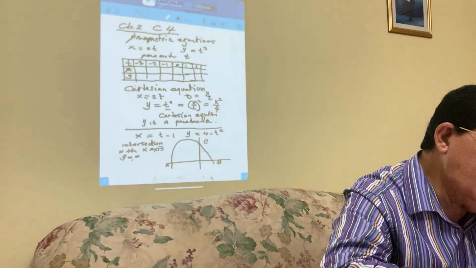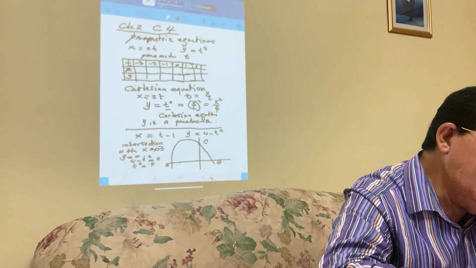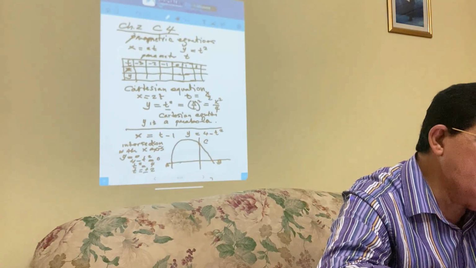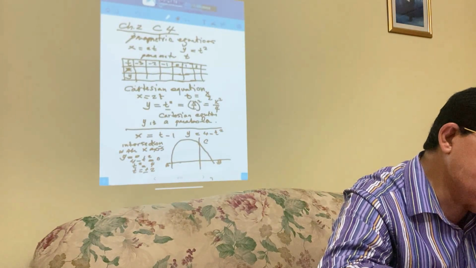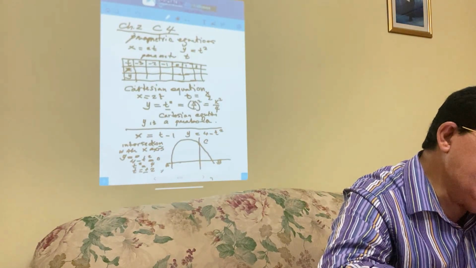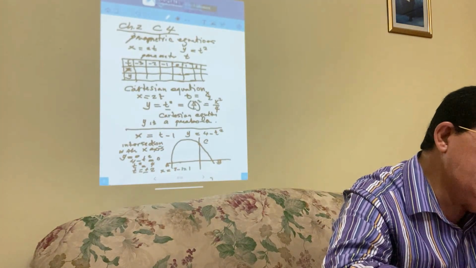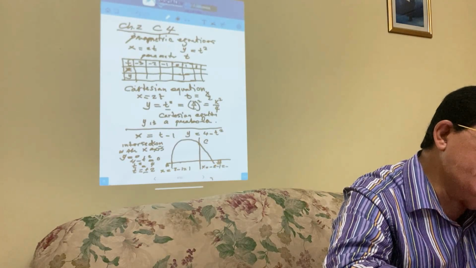Therefore, we get 4 minus t squared equals 0, and t squared equals 4, so t equals plus or minus 2. This means x could be 2 minus 1, which is 1, or x equals negative 2 minus 1, which is negative 3.